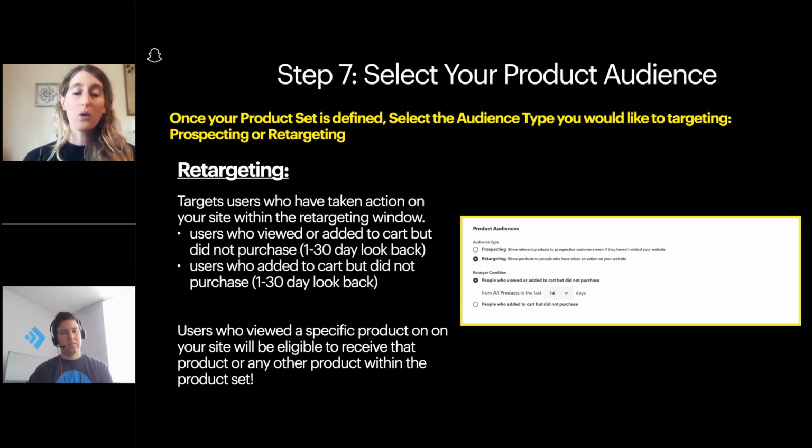Users that fall within these retargeting audiences will be eligible to receive any product within the product set that you've created, but have not purchased any product from that product set within the window. This is where building out relevant product sets may be of interest to you. As you think back to that shoe example, creating product sets may create more relevance for your users and the items that they are seeing, especially if your catalog spans a large variety of genres.